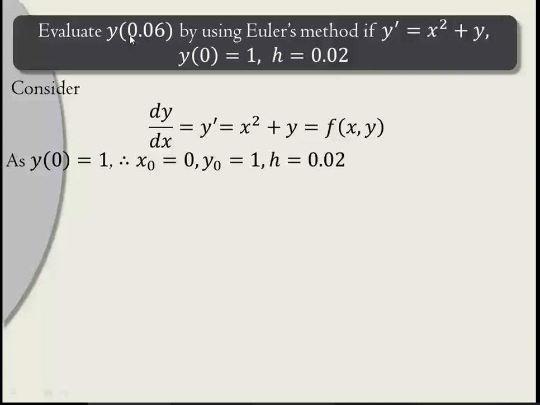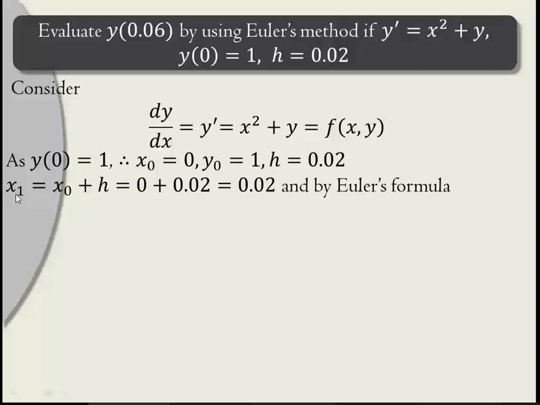So what will be x1? x1 will be x naught plus h. It will be x naught, which is 0, plus h, which is 0.02. And then find the value of y1, the value of y at this point 0.02. So y1 will be y naught plus h into f of x naught, y naught. We know y naught is 1. h we know. The function also we know.